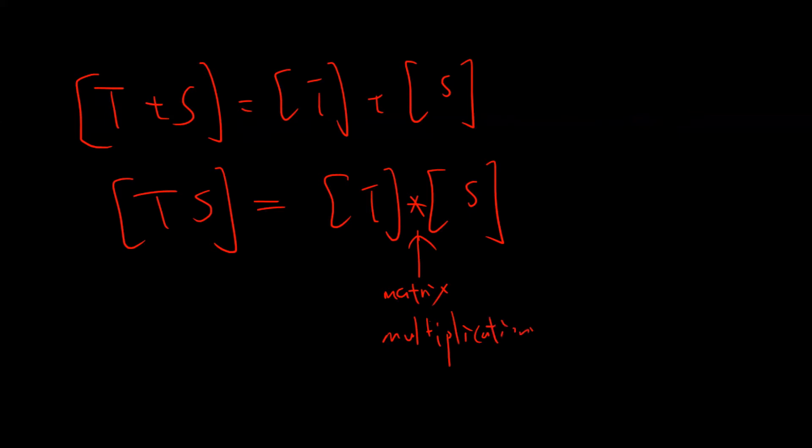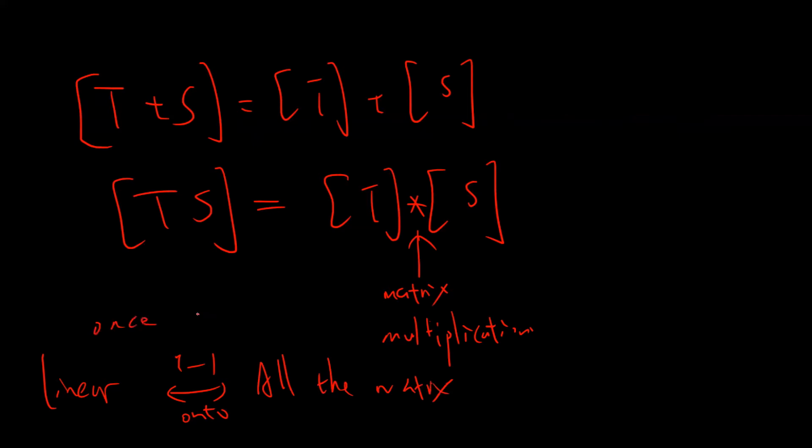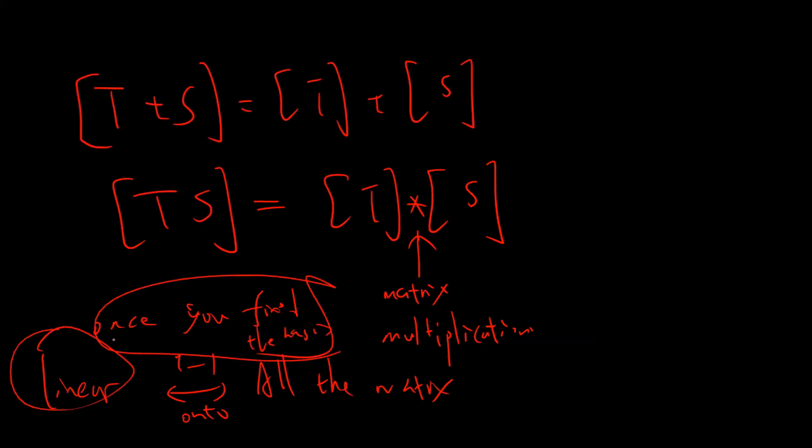Okay, so what I'm saying is that the final result is a one-to-one onto correspondence between linear transformations and matrices, once you fix the basis. The idea is that once you fix the basis, any linear transformation abstractly has a concrete matrix representation, and once you fix the matrix and the basis, you go back and get a one-to-one correspondence.